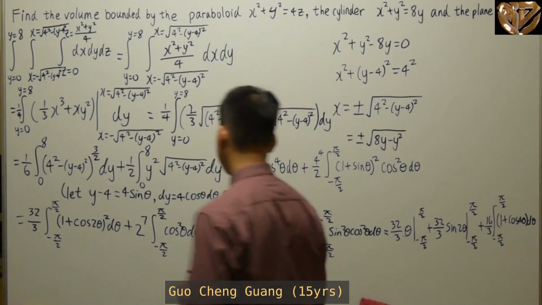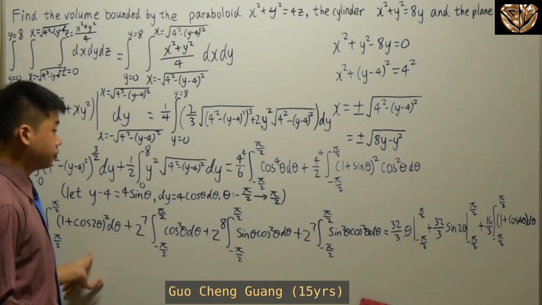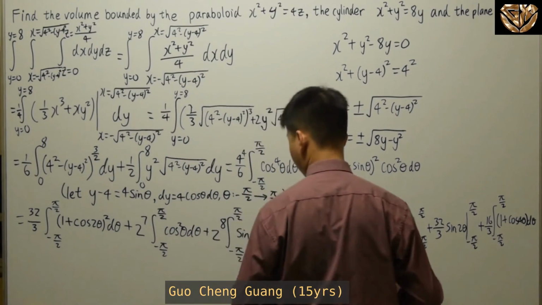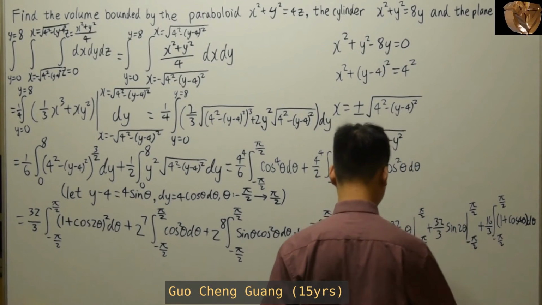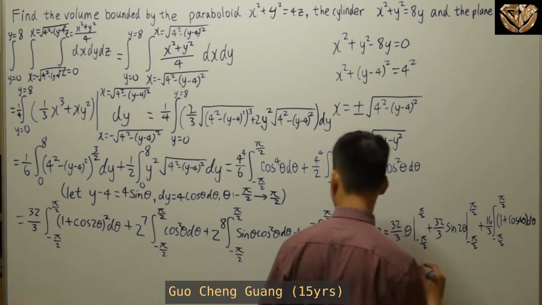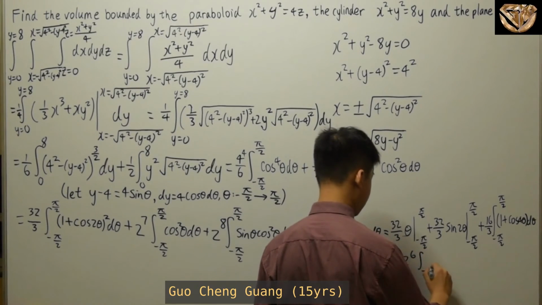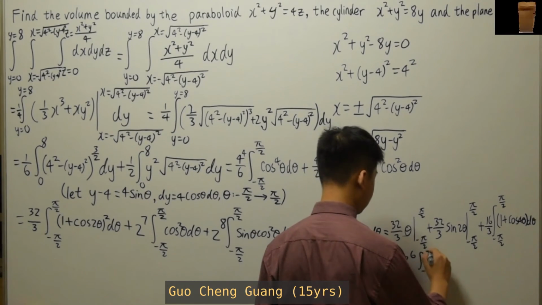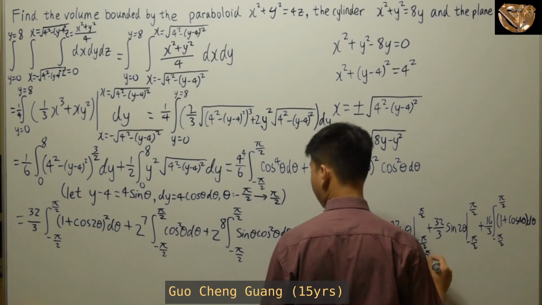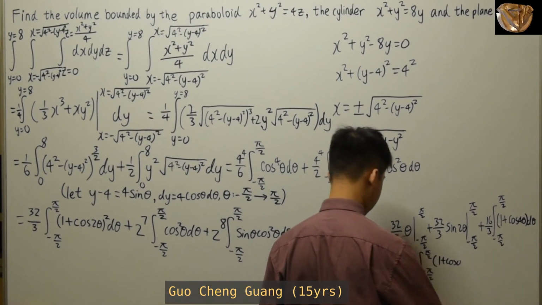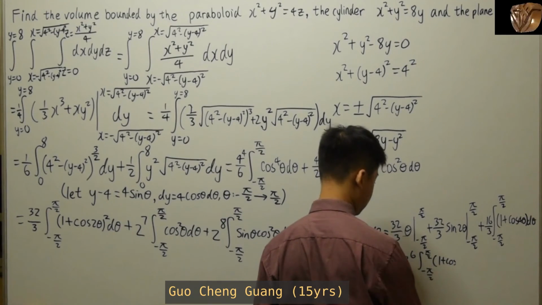Right, so that is for the first term. Now the second term, where you are just going to use your double angle formula. So you're going to have 2 to the power of 6 integrate from negative half pi to half pi, and 1 plus cosine 2 theta then d theta.